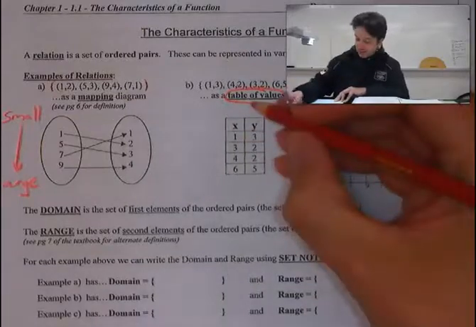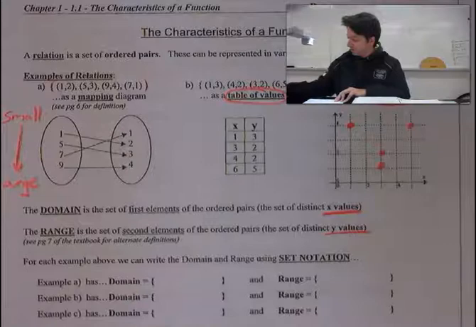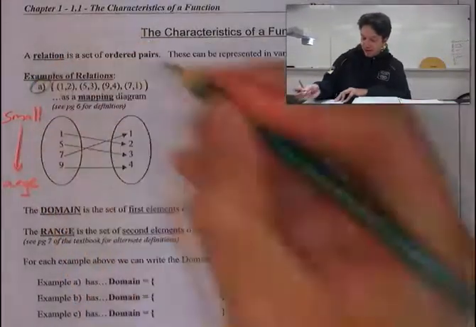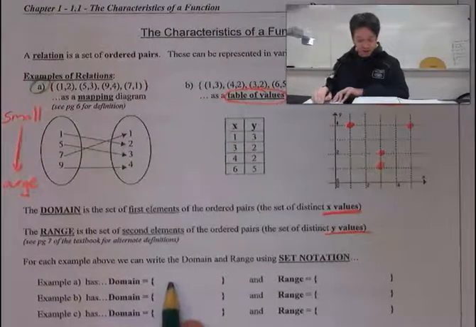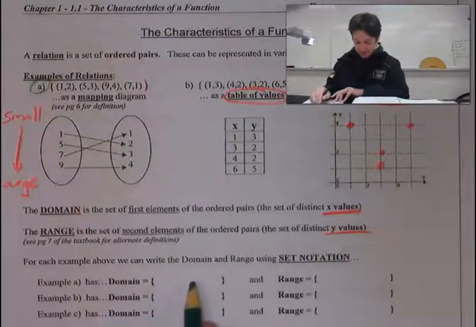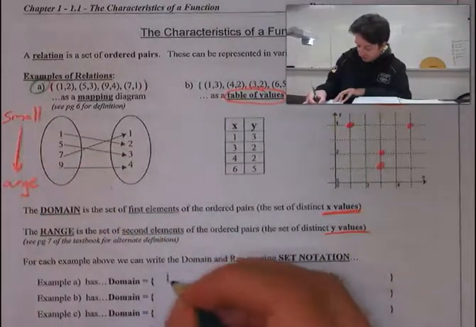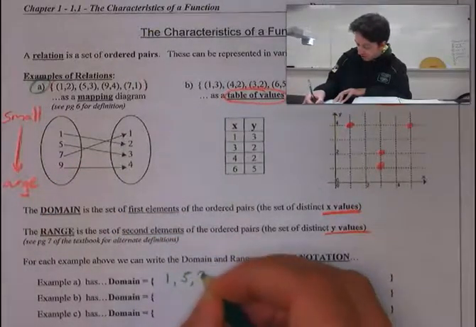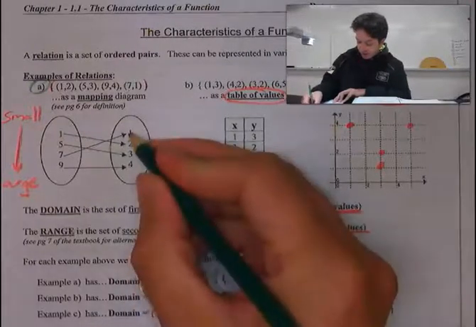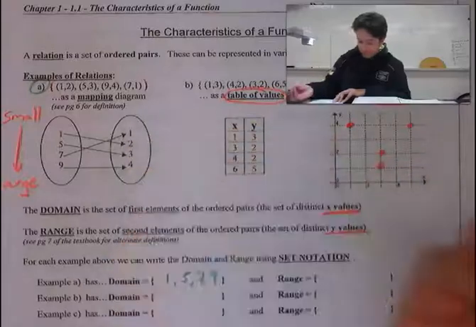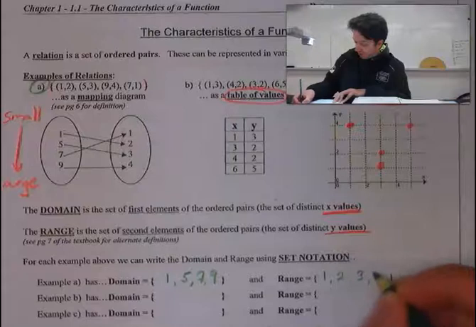So for example, with example A, your domain would be all of your x values. In this case, we have 1, 5, 7, and 9. So we would just write 1, 5, 7, and 9, and your range would be 1, 2, 3, 4, all your y values.